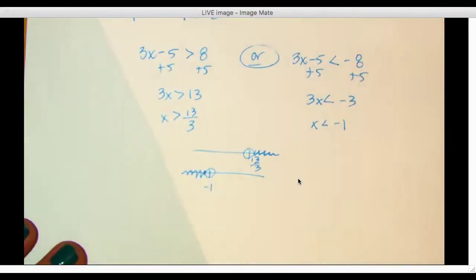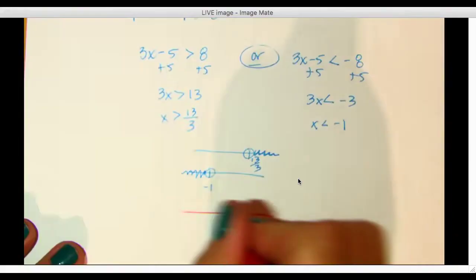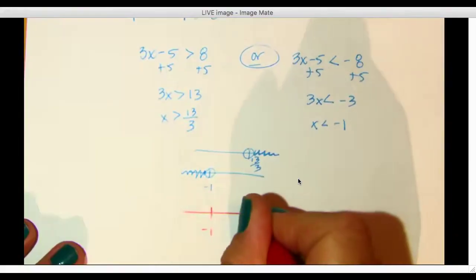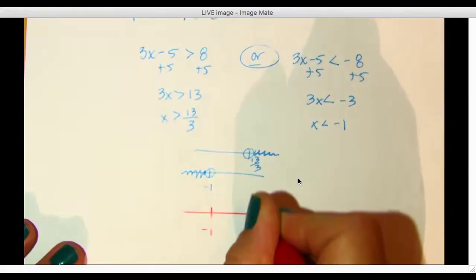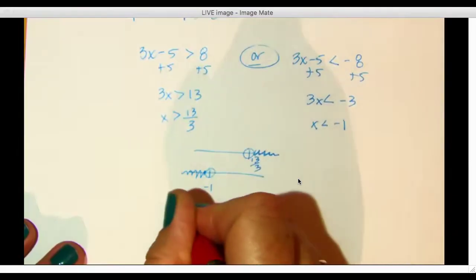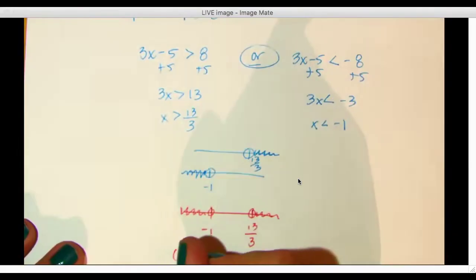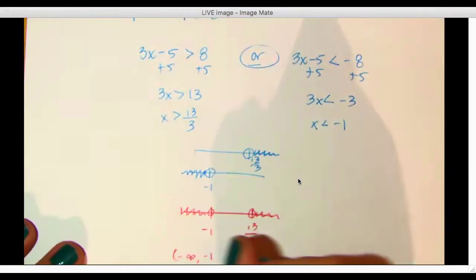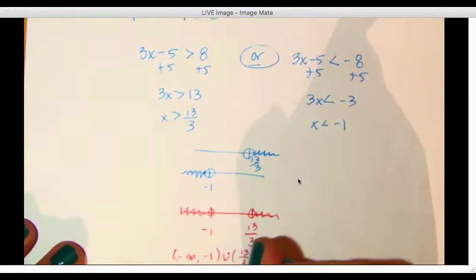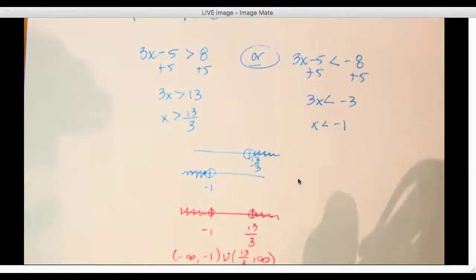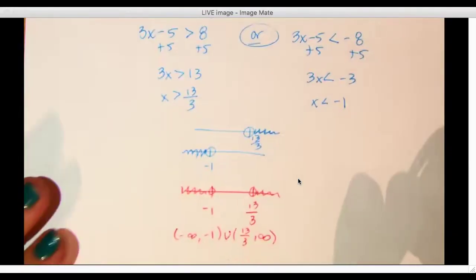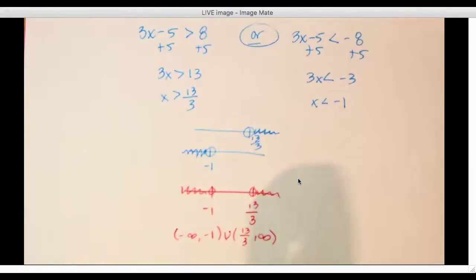So my answer then is going to be -1, 13 over 3, open dot on both. It just has to be one or the other. It doesn't have to be both. So there's no worrying about the overlapping area. You're essentially just squishing those graphs together. And that is our answer. And that is the end of this section.